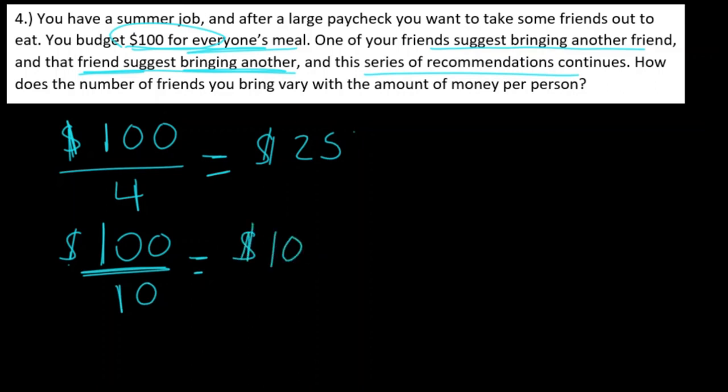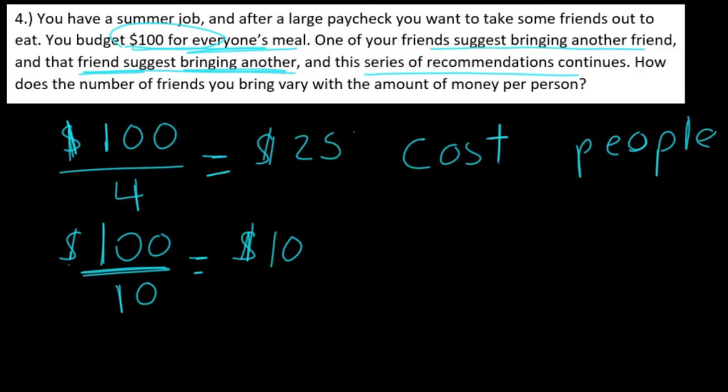So think about it this way. What's going on here? We have the cost per person, or you could say the amount per person, but let's just go cost. And then we also have the amount of people. And our question is, does the cost per person vary directly or inversely with the number of people that we bring?